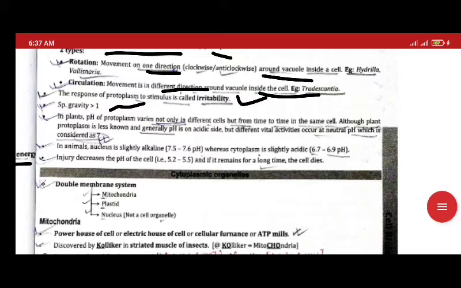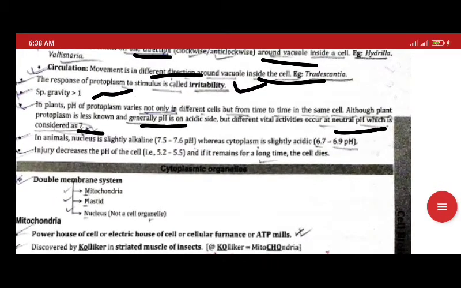Now the pH of plant protoplasm is generally neutral, considered as 7. In animals, the nucleus is alkaline, that is 7.6, and the cytoplasm is slightly acidic, 6.9, 6.8.